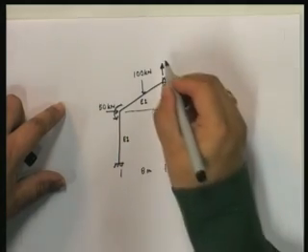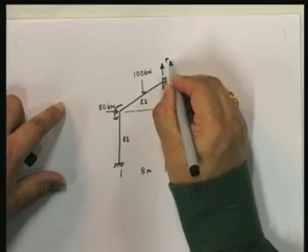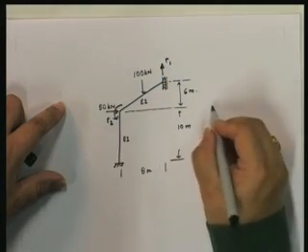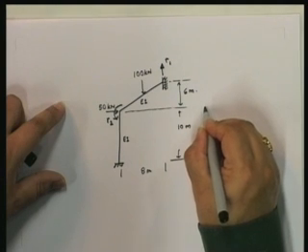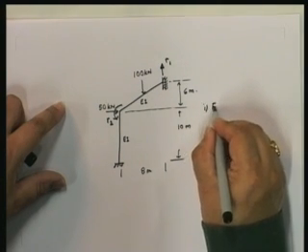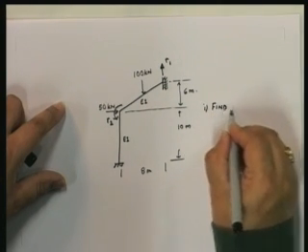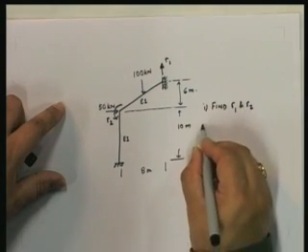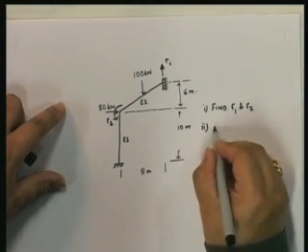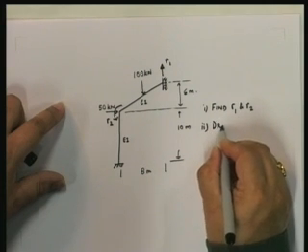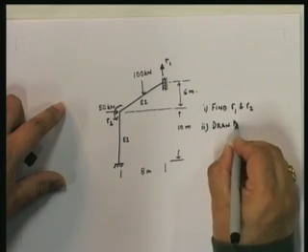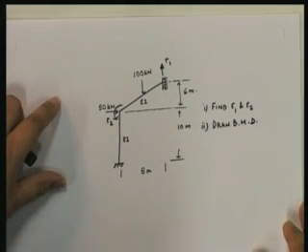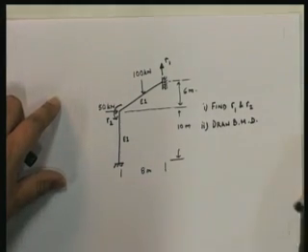So in other words, I'll call these R1, R2. So the question is: 1, find R1 and R2, and 2, draw the bending moment diagram. Okay, so this is the problem statement.